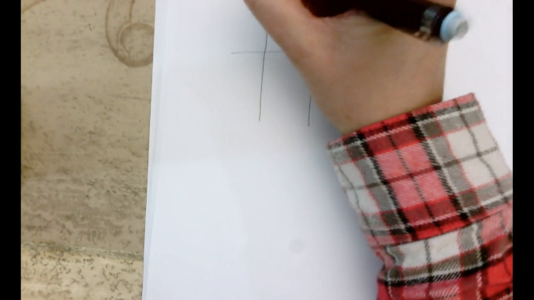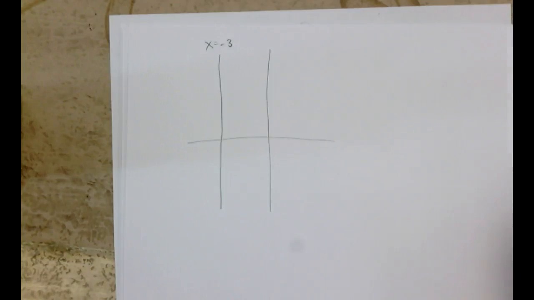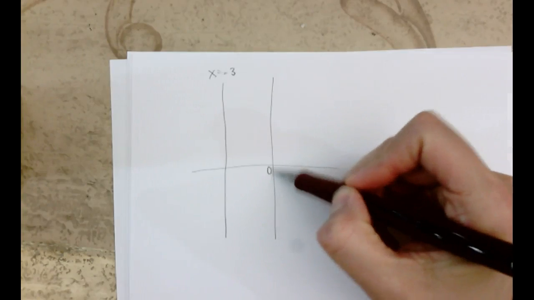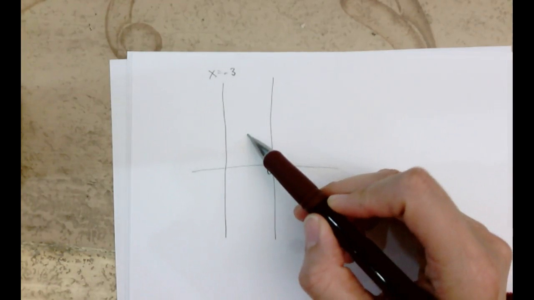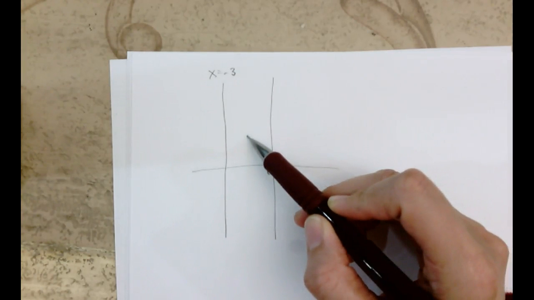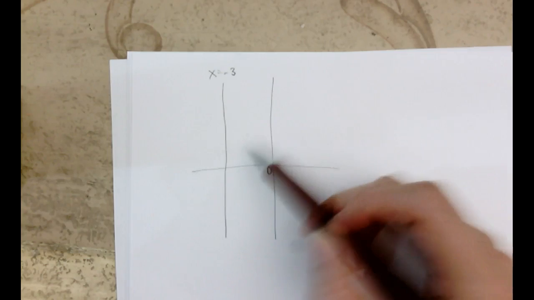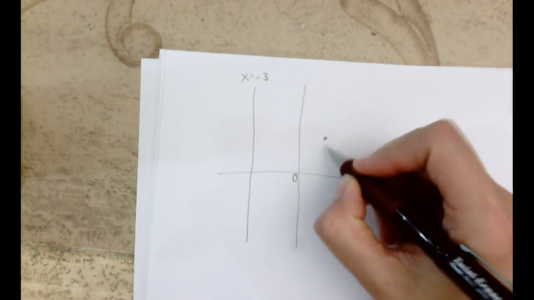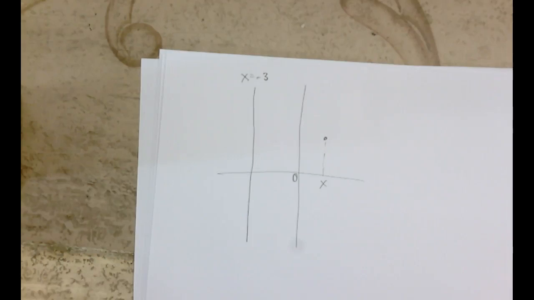If the line is negative, let's say x equals negative 3, and this is 0 right here. You don't want to pick x here because x is negative, and that's not going to be easy for your brain. That's going to confuse you. So you want to pick somewhere here, and this value is x right here.